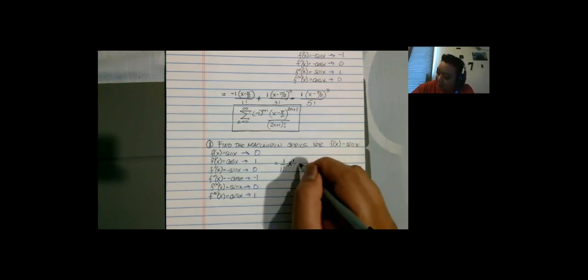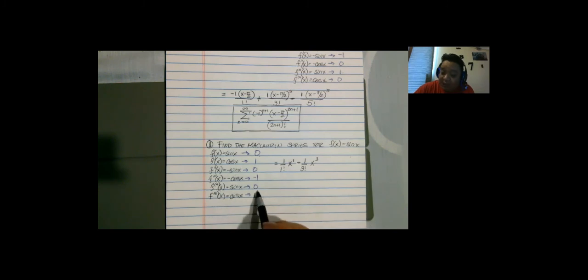Then there's a third one, it's negative though, so it's negative 1 over 3 factorial x cubed. No fourth, so the fourth again is 0. The fifth one is a positive 1 over 5 factorial x to the fifth, and so on and so forth.